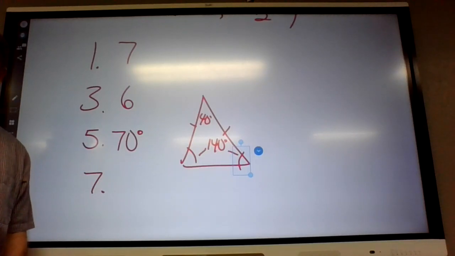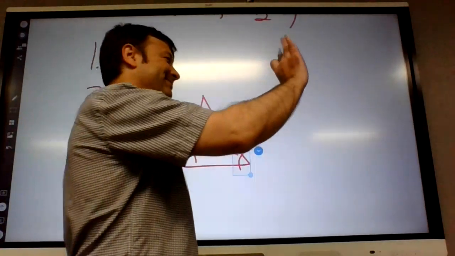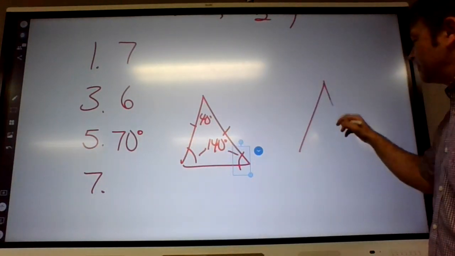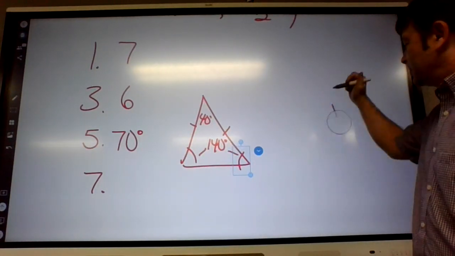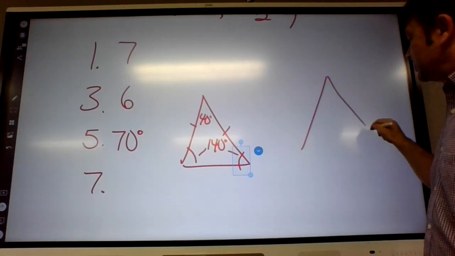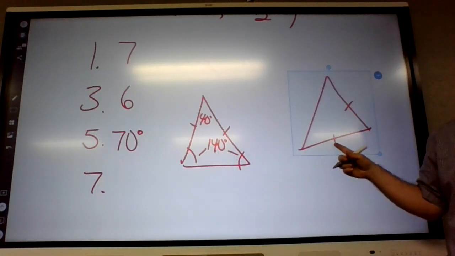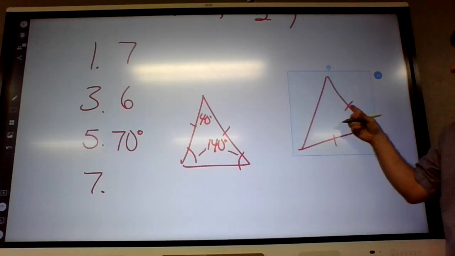Number 7 is pretty similar. I didn't draw it very well, but it doesn't really matter. Okay, if these two sides are the same, which 2 angles have to be the same?